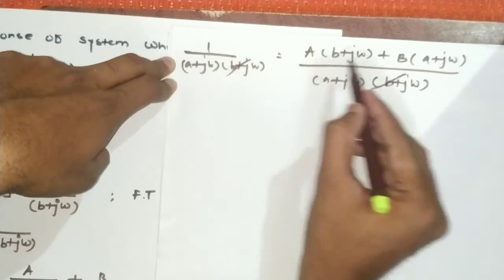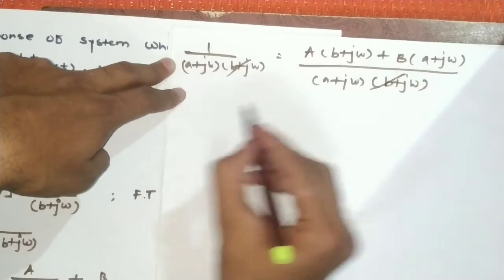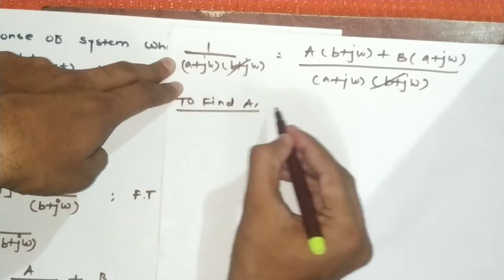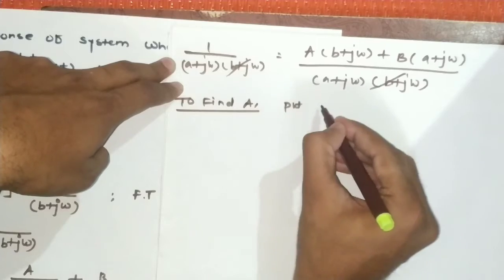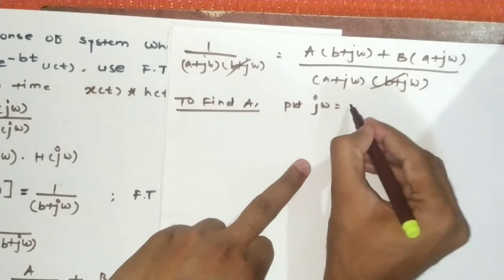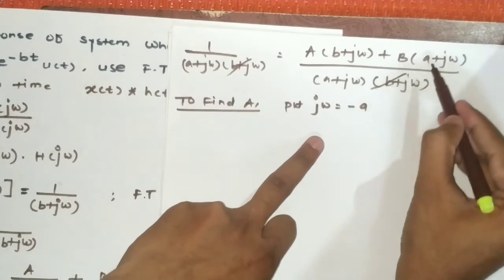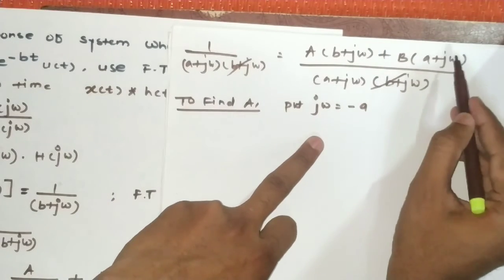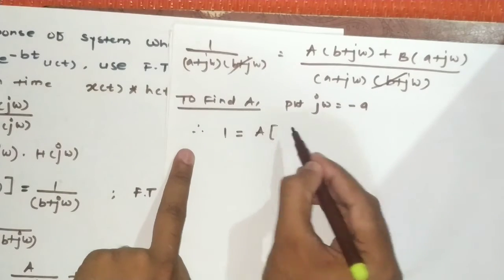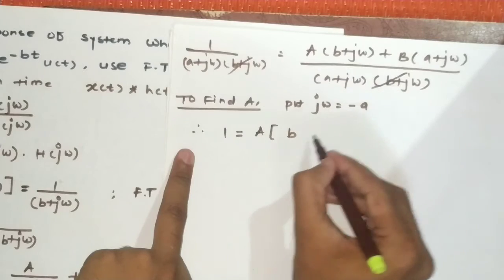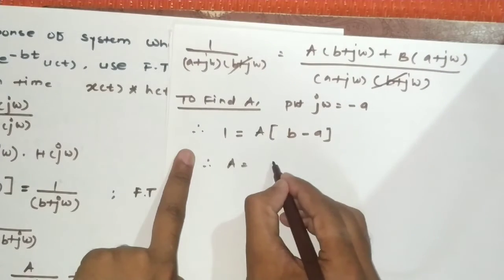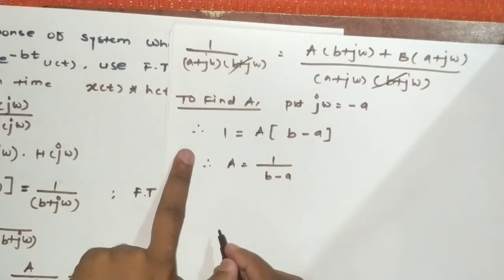Now in order to find A, we have to treat B as 0, so we put j omega as minus a. Why minus a? Because a plus minus a will be 0 and definitely this product term will be 0. Therefore this equation holds: 1 is equal to A into b, as it is, instead of j omega we have minus a, and this term is 0. Therefore we got the first constant term, A is equal to 1 upon b minus a.